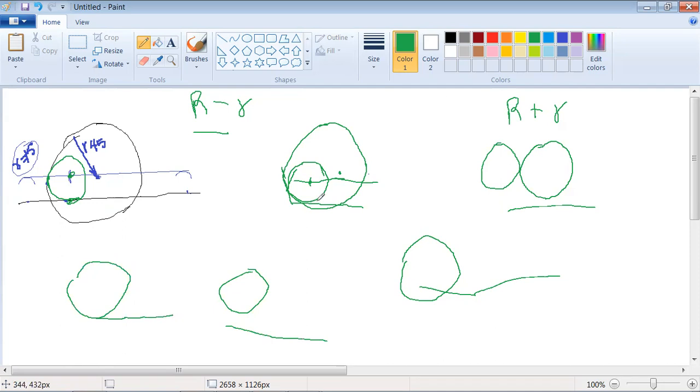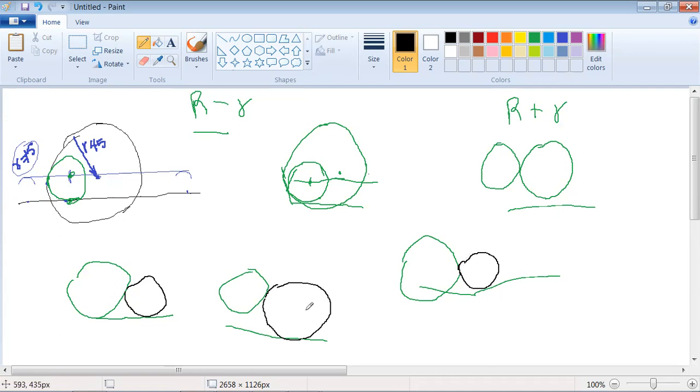No matter the condition, whichever of the three cases, you want to draw a circle touching this line and touching this other line.